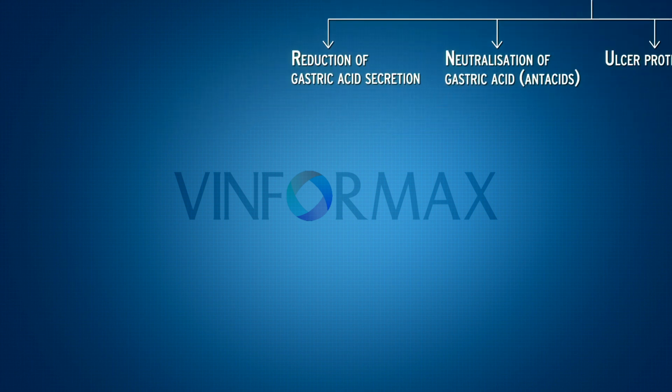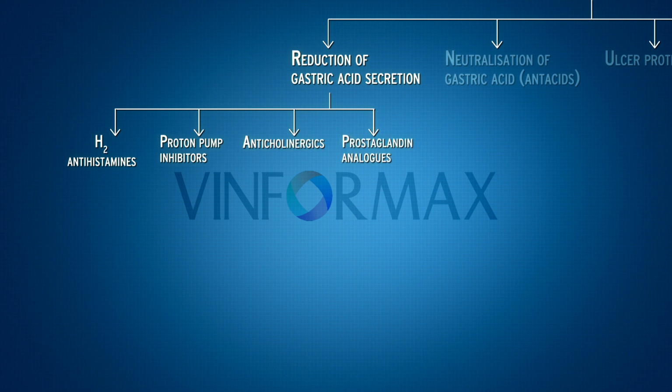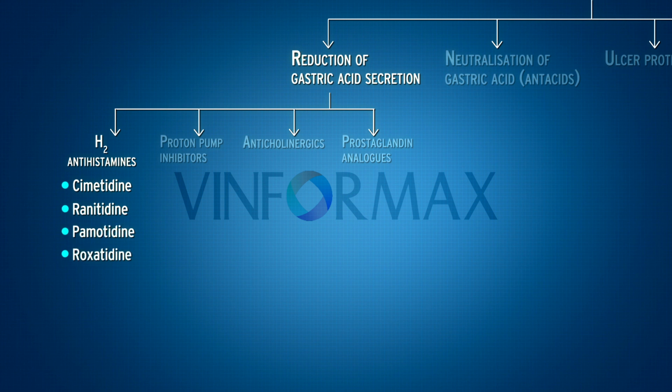Reduction of gastric secretion is further classified into 4 categories: H2 antihistamines, proton pump inhibitors, anticholinergics, prostaglandin analogs. H2 antihistamines include cimetidine, ranitidine, famotidine, roxatidine, loxatidine.